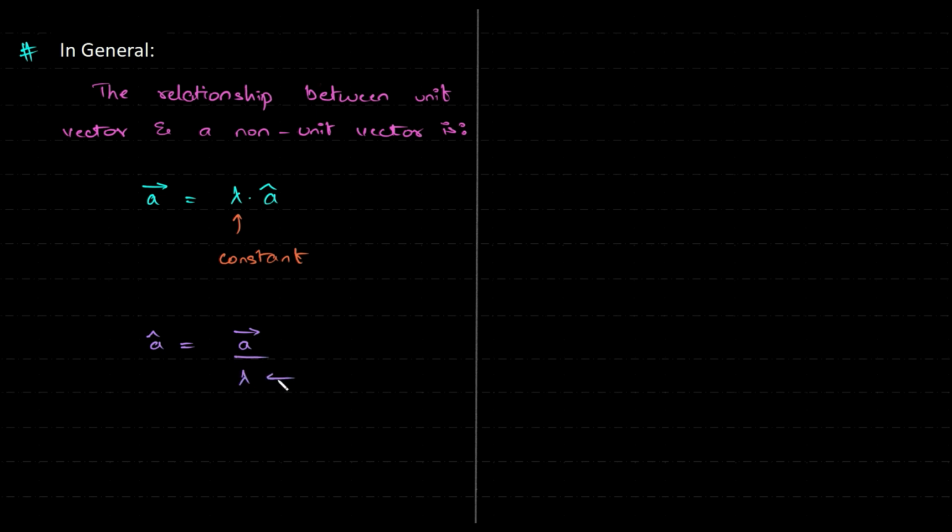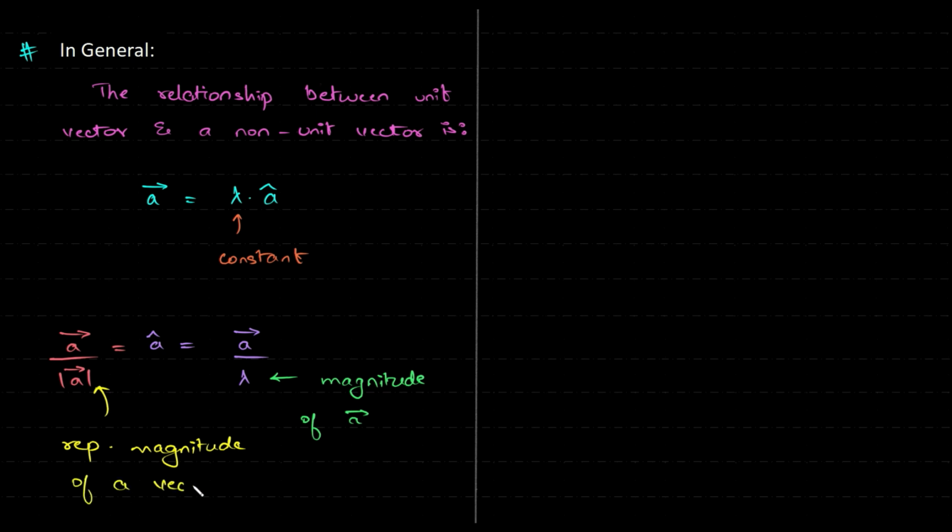And this constant represents what? This represents the magnitude of vector A. So this can be rewritten like this. That's how you represent the magnitude of a vector. Okay, so the two lines represent the magnitude of a vector.